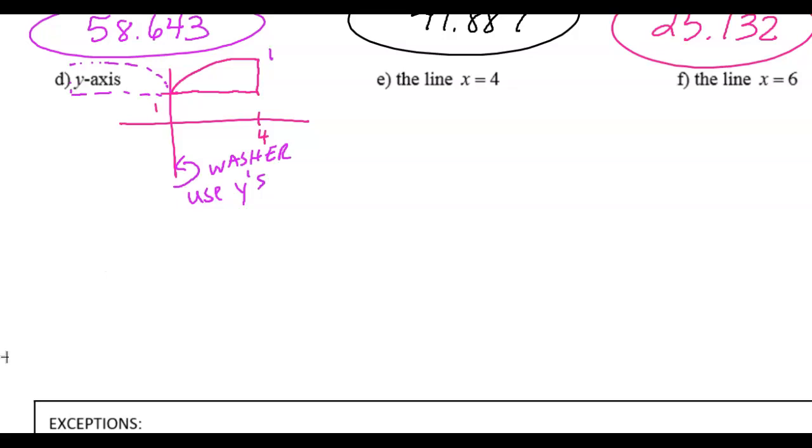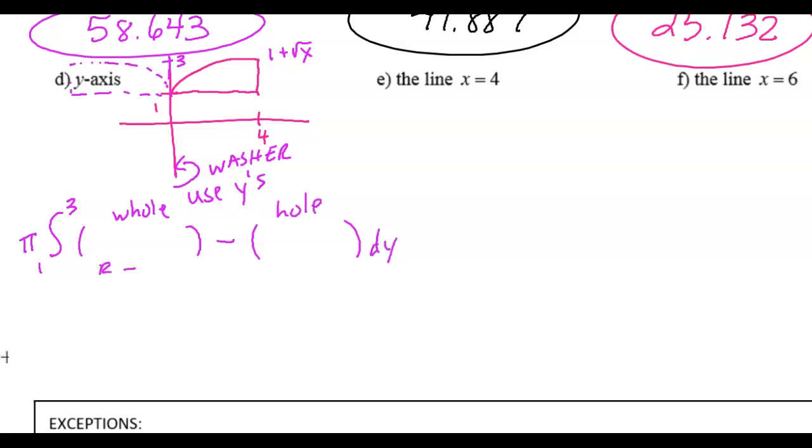So this was 1 plus root x. So remember, this was at 3, because if x equals 4, y equals 3. And so we're going from pi from 1 to 3. And we're going to do whole minus whole, but dy. And so we're doing right minus left, right minus left. So we need to solve this in terms of y. So we're going to subtract 1.